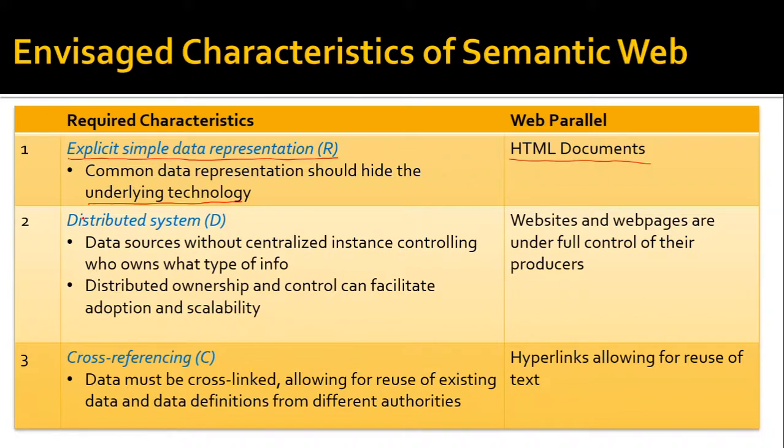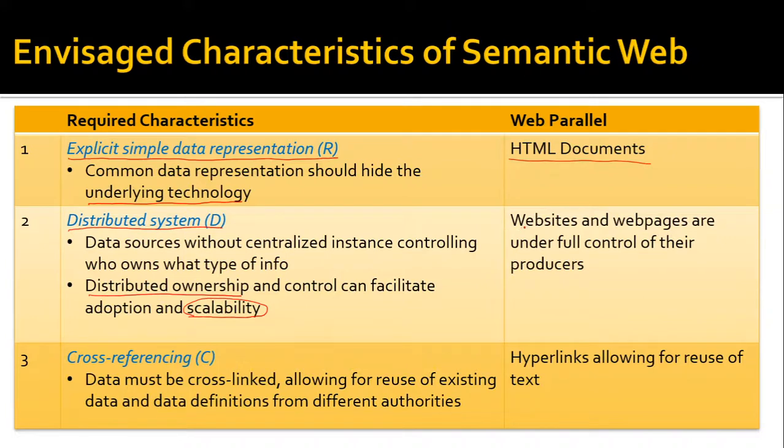The next characteristic that we want is for our semantic web to be a distributed system where anybody having some data can publish that data over the semantic web without any central control, right? And the ownership will be distributed, right? So if we have this distributed ownership, it will facilitate the scalability of the semantic web. This is a similar thing we are doing with respect to the web.